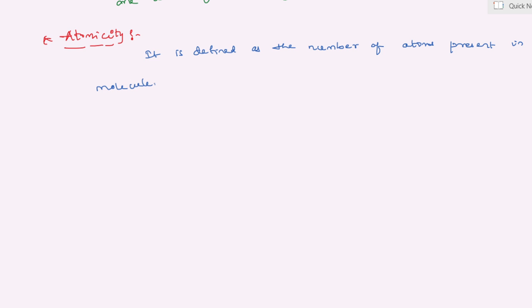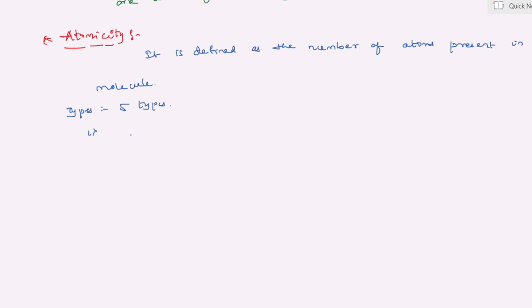Yes, it is defined as what? The number of, it means how many atoms are present in a molecule. That is termed as what? Atomicity. Yes, my dear students, atomicity can be classified as how many types? 5 types.